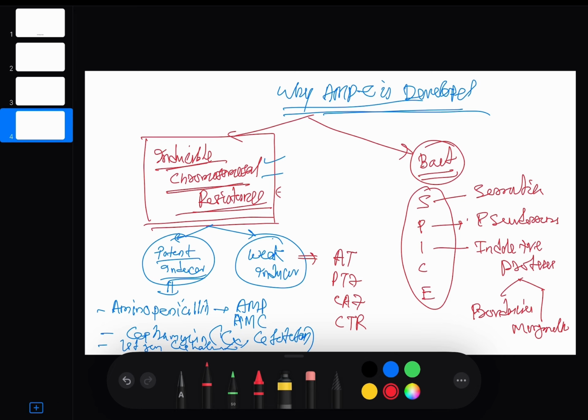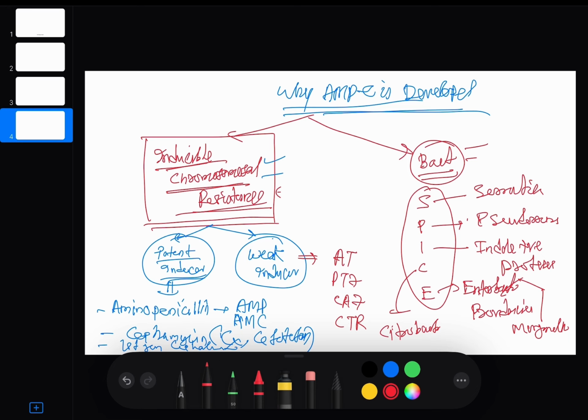These are the indole positive. C stands for Citrobacter, and E stands for Enterobacter. Understood? The SPICE bacteria produce AMC beta lactamase, which causes the resistance mechanism.